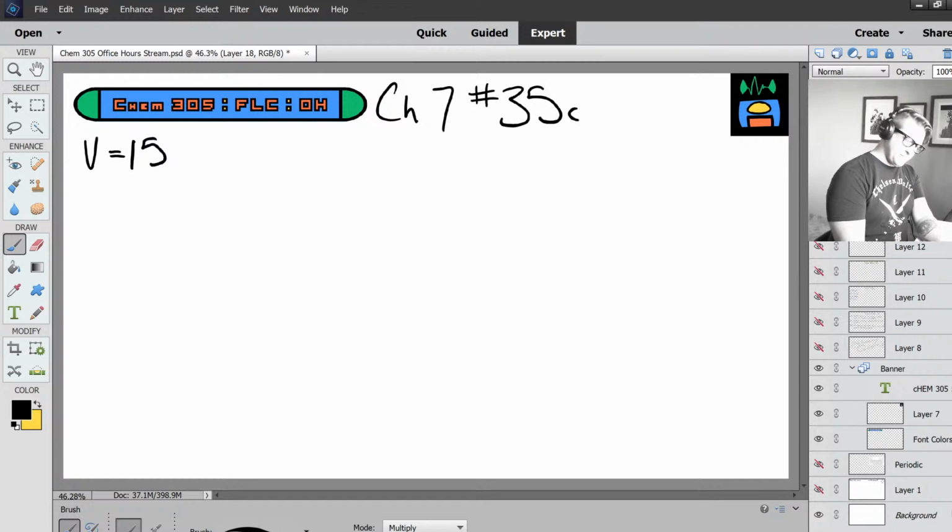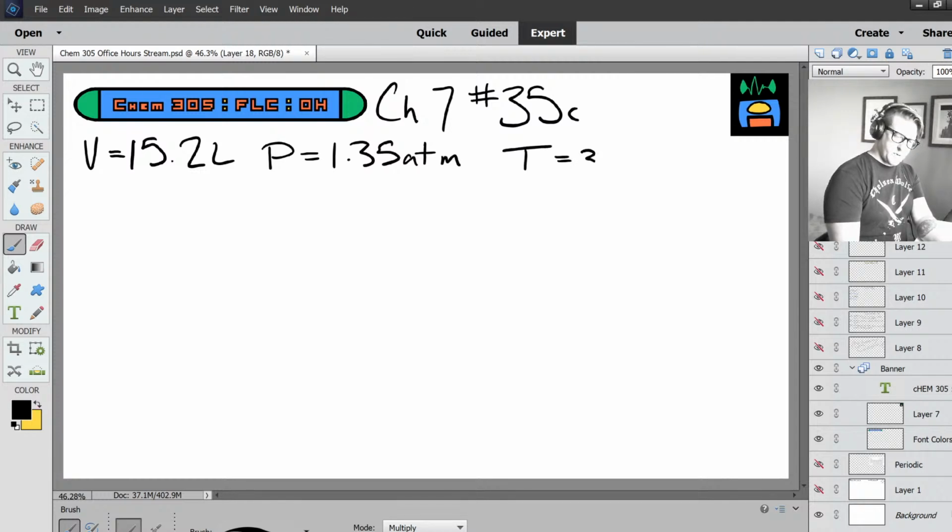We've got a volume of 15.2 liters at a pressure of 1.35 atmospheres and a temperature of 33 degrees Celsius, which I am going to compulsively convert to Kelvin. So it's 306 K.